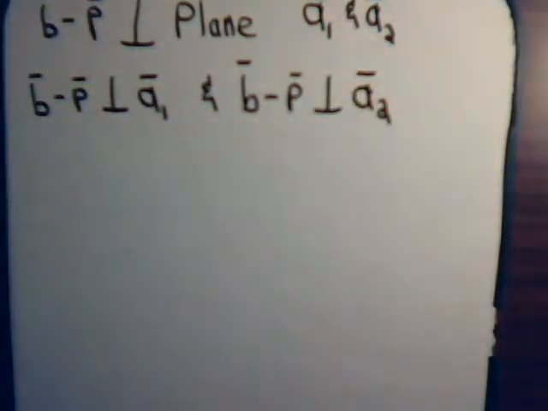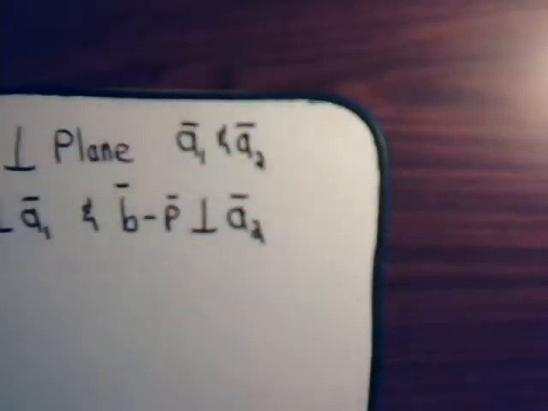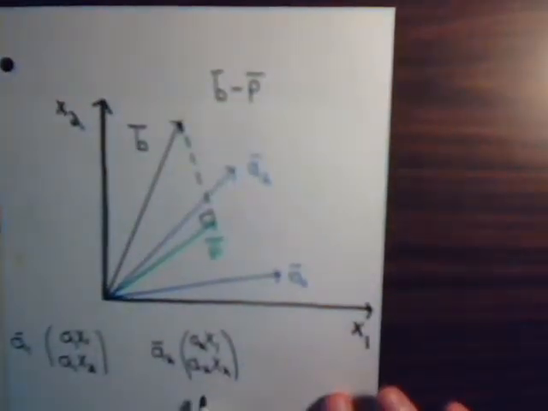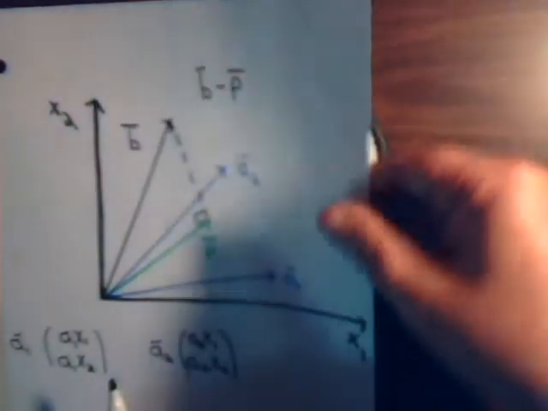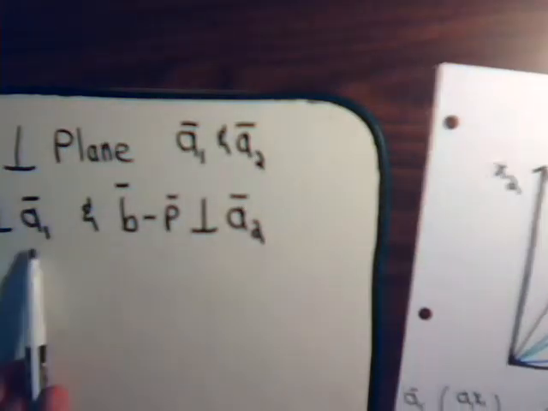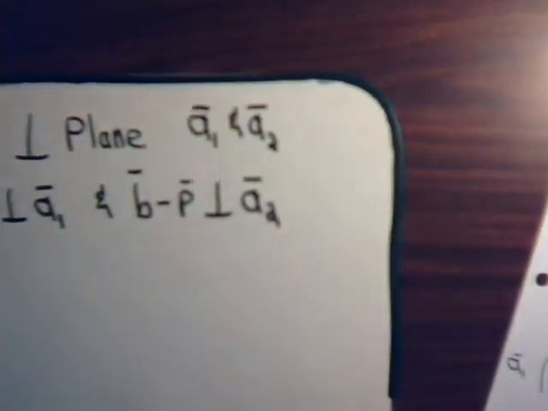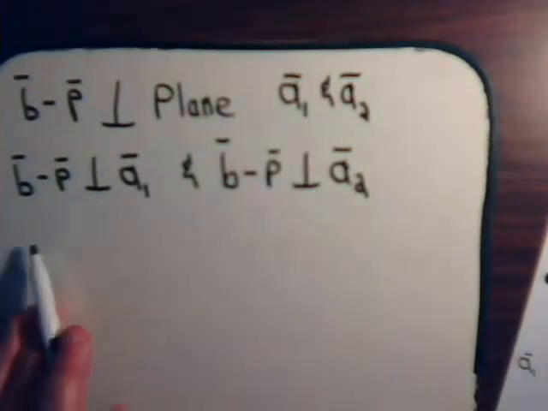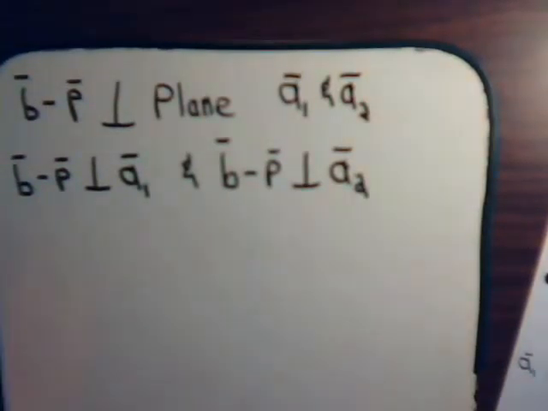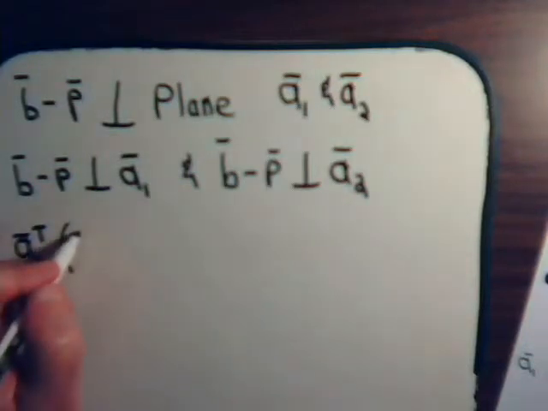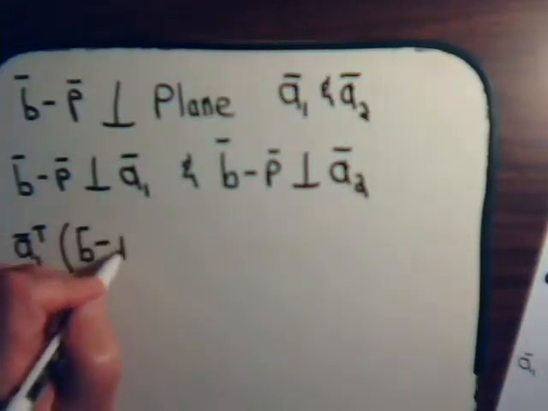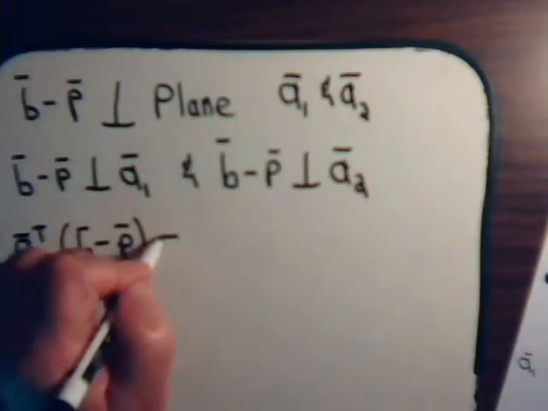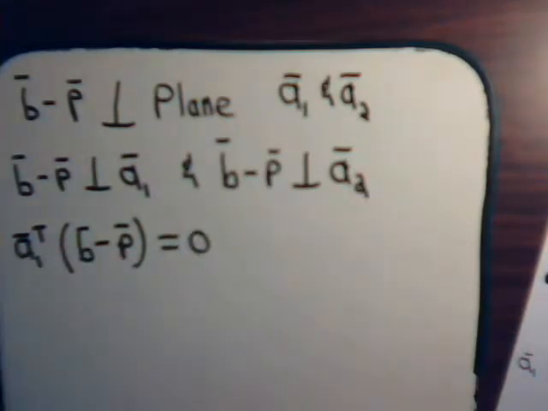Now, remember, A1 we write like this, A2 we write like this. If this is perpendicular to A1, then that means the dot product is 0. So we would have then vector A1 transpose times B minus P equals 0.